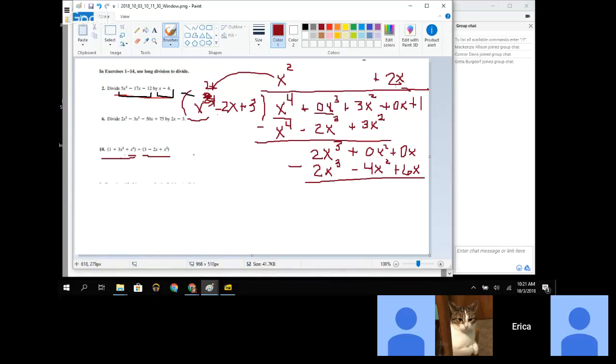So now when I subtract, I get, this is 0, right? 0x squared minus a negative 4x squared is 4x squared.